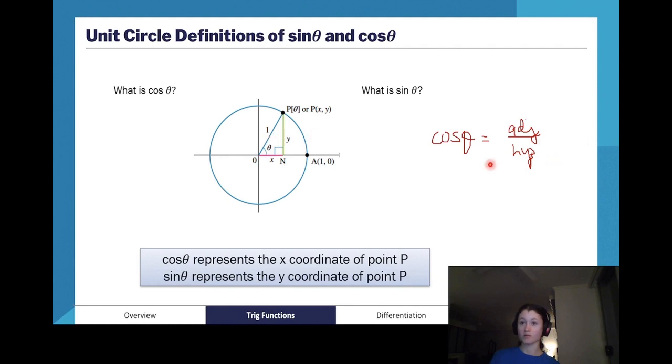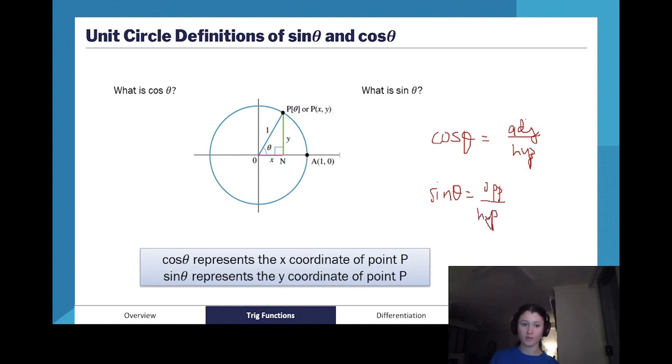So our cos of theta is just equal to our adjacent over 1, which is just equal to our adjacent, which is x. Similarly, for sine, this is equal to the opposite over the hypotenuse.